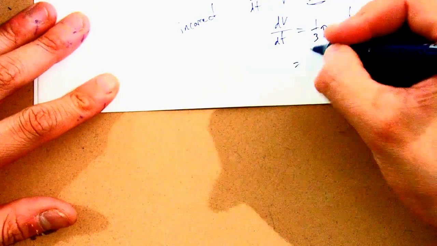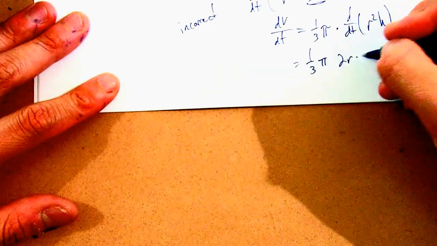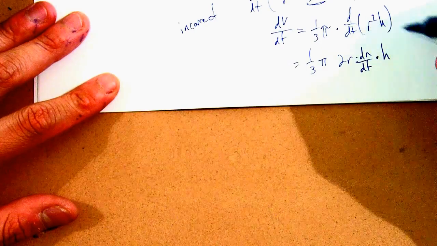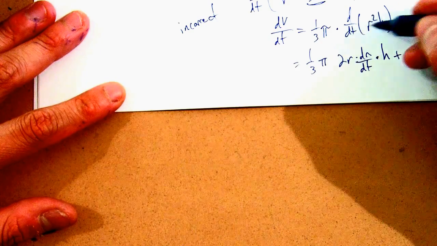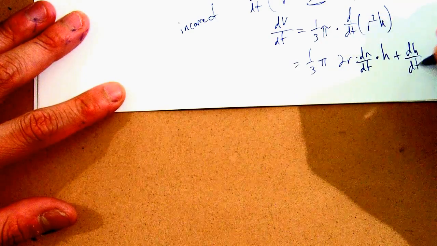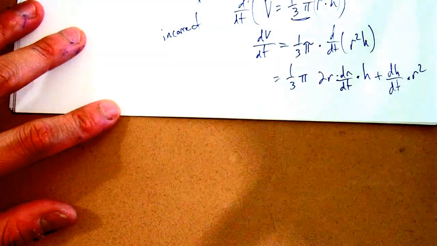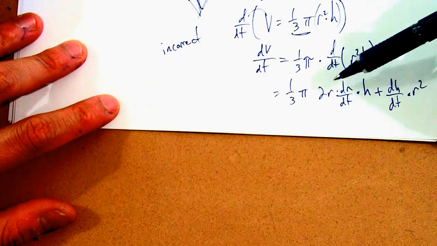This gives us 1/3 pi times 2r dr/dt times h, the derivative of the first times the second, plus the derivative of the second, dh/dt, times the first, r squared.